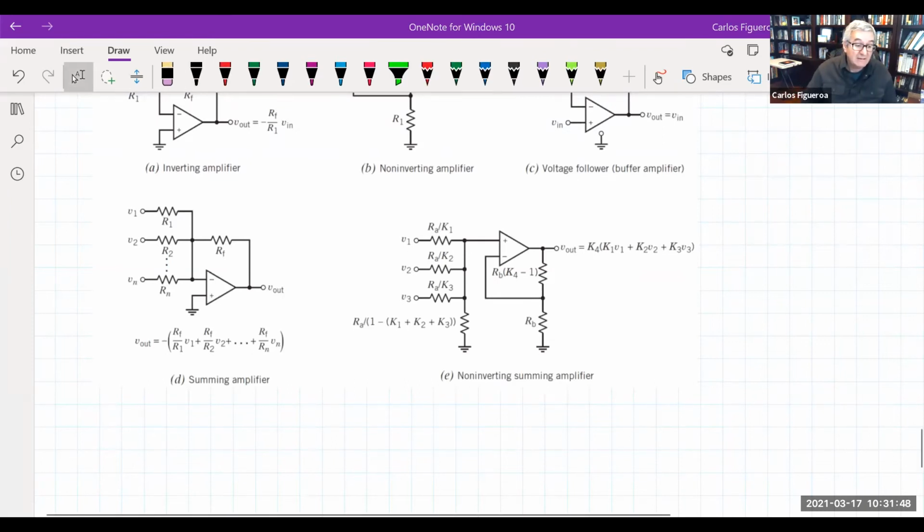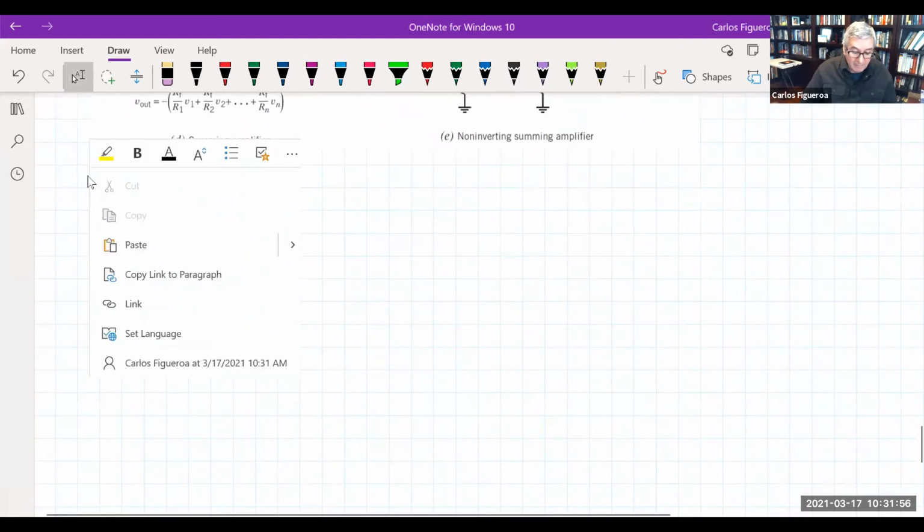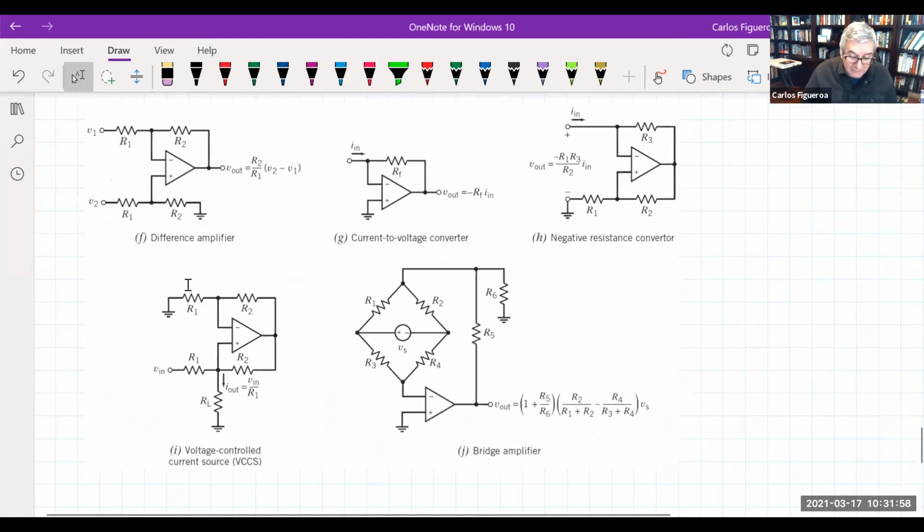And it doesn't end there, right? I can have a circuit that looks something like this too. Other op-amp circuits may look something like this, where you have a difference amplifier, a current to voltage converter, a negative resistance converter, all of these kinds of things.